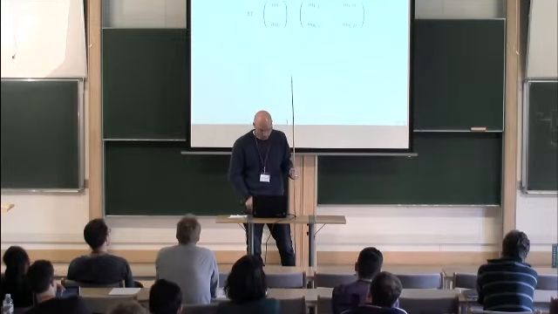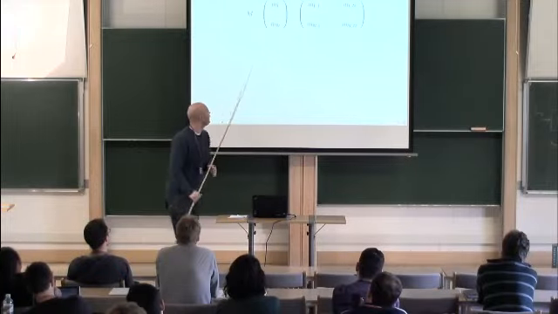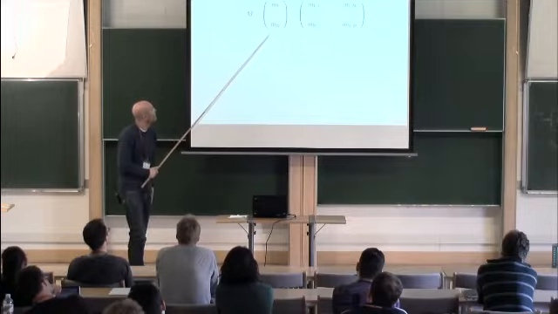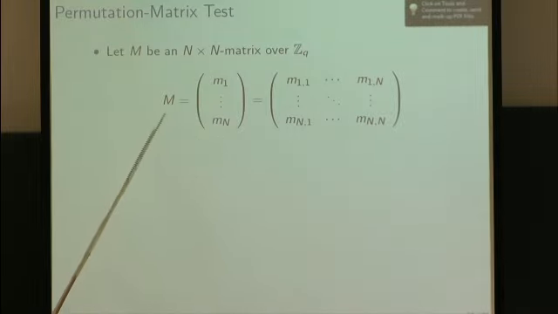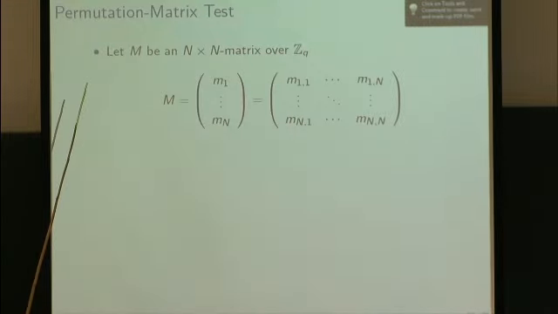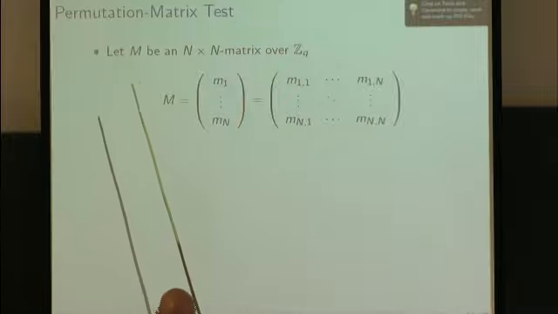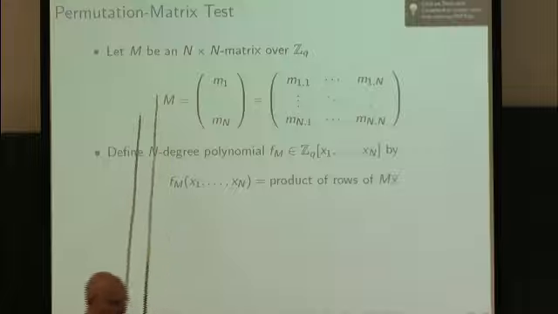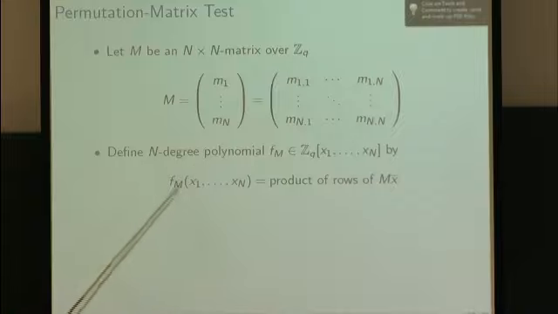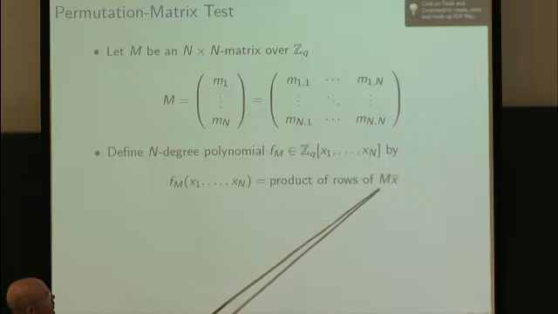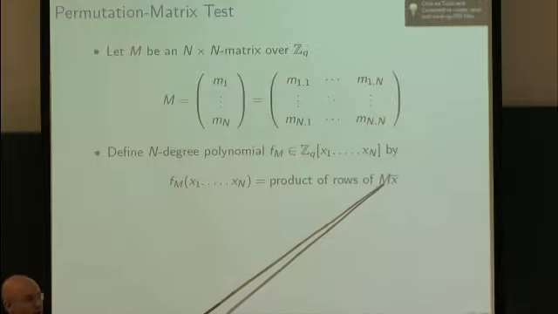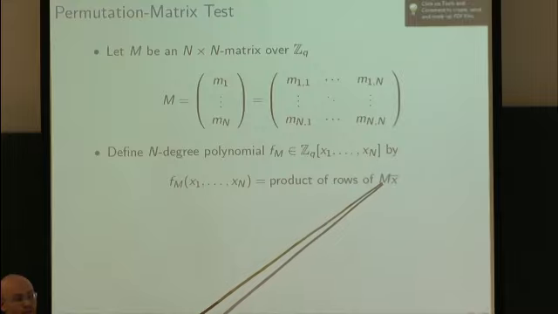Okay, so here is an idea. We have a matrix, and eventually the prover is going to commit to this matrix and claim that it is a permutation matrix. But at this point, we simply have a matrix. Okay? And then we can define an n-degree polynomial, Fm, over this ring, which is basically the product of the components of this vector, right?